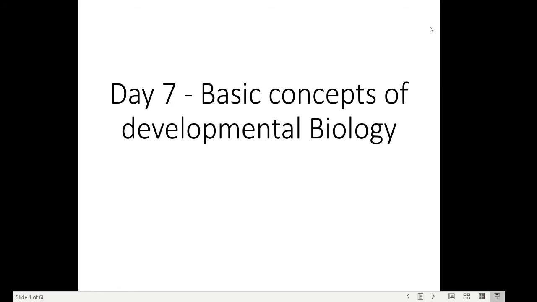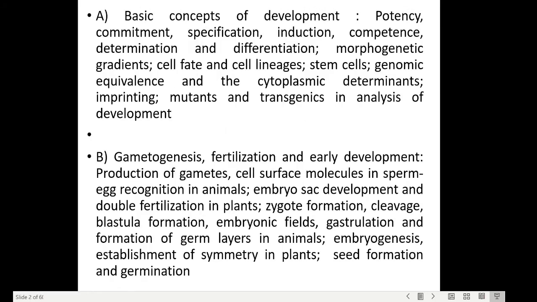It fully covers how the human cell develops in the embryo, from embryo to the whole body tissues. That is the basic concept in developmental biology.